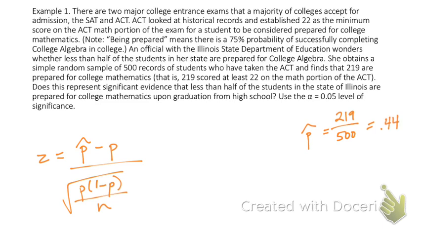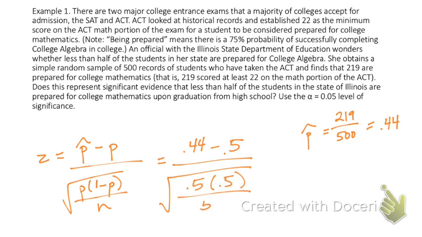Let's just use the 2 decimal places. If you want to keep it as a fraction, you can, if you want to be more exact. So we've got 0.44 minus 0.5, divided by the square root of 0.5 times 0.5 over 500.